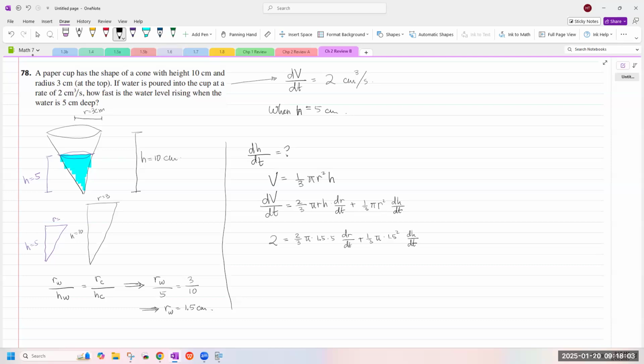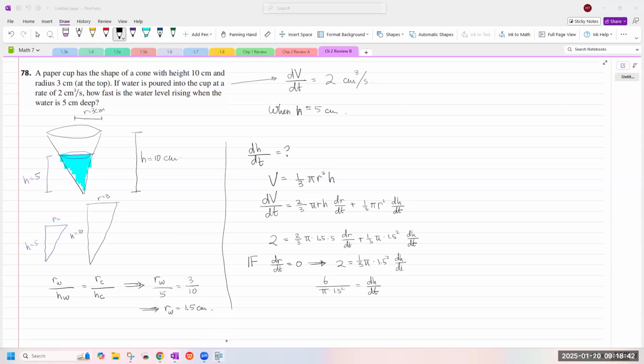So if, for this question, dr/dt equals 0, meaning the radius is assumed not to increase, then the equation becomes 2 equals 1/3 pi 1.5 squared dH/dt, and solving this for dH/dt will give us the answer. So this will be 6 over pi times 1.5 squared. That's our dH/dt.